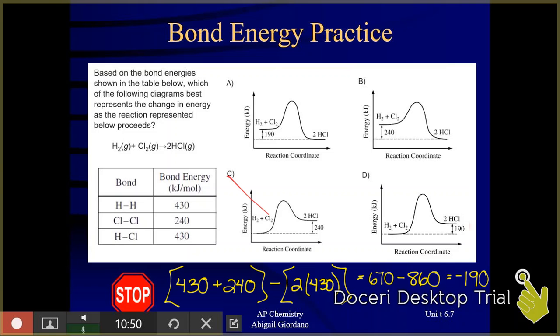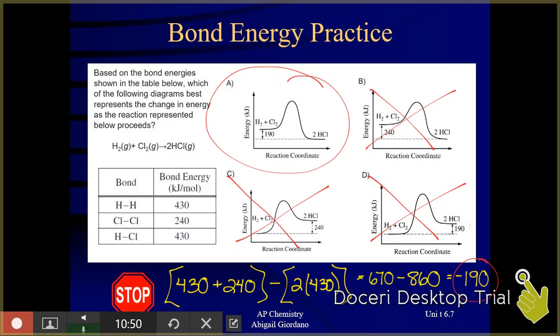That means I can eliminate answer choices C and D right away because both of those have the general shape of an endothermic curve. So those are out. A and B are both showing an exothermic curve, and the answer is just which one is showing that appropriate difference, that overall delta H, and that is not letter B. So answer choice A is my answer.